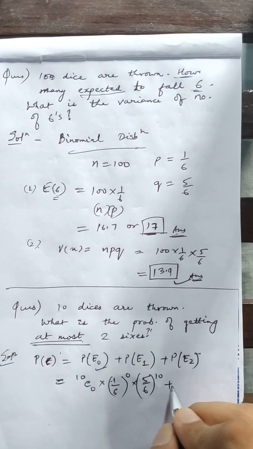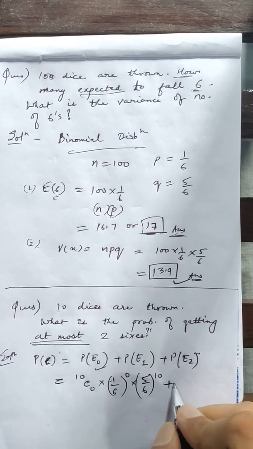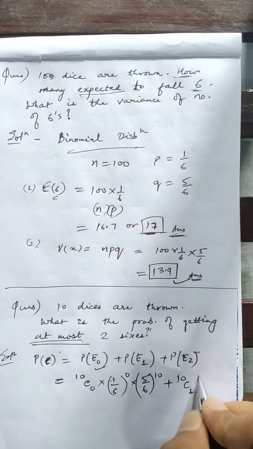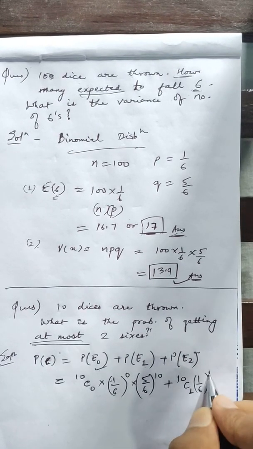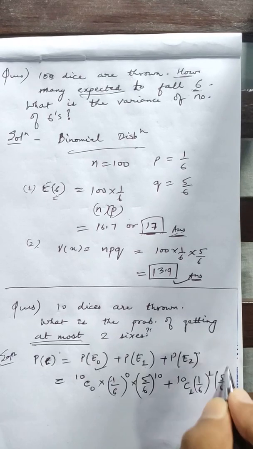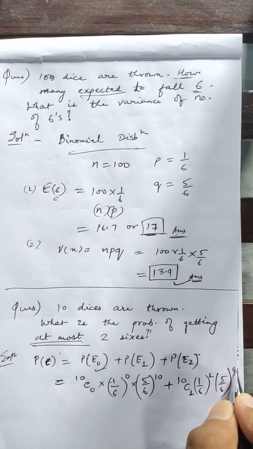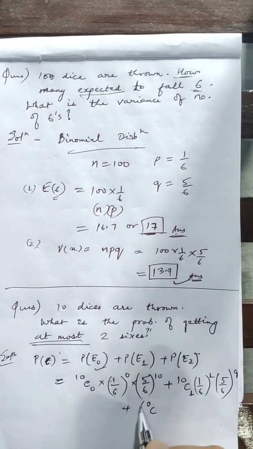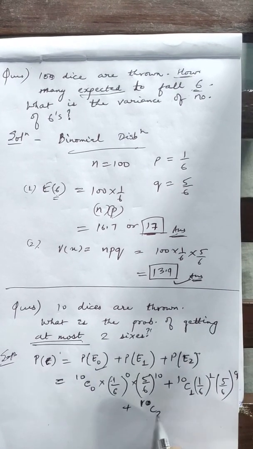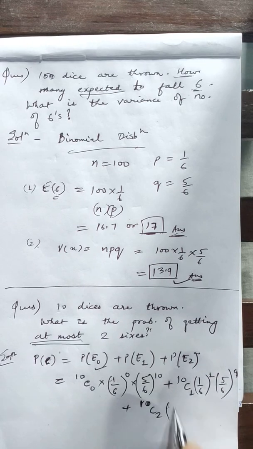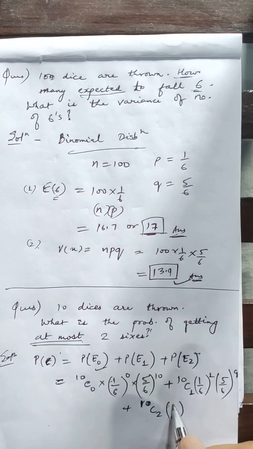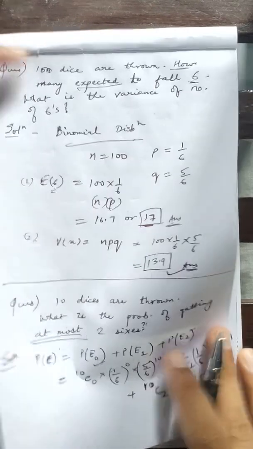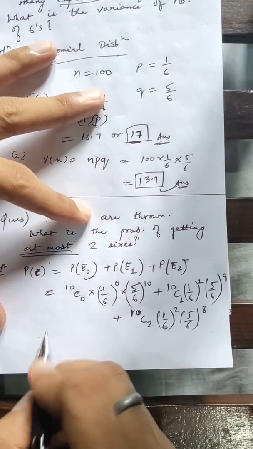Plus, or simply without thinking of binomial distribution, you can also solve this: 10C1, 1 by 6 to the power of 1, and then 5 by 6 to the power of 9. And then the next part is 10C2, 1 by 6 to the power of 2, and then 5 by 6 to the power of 8. This can be easily solved here.